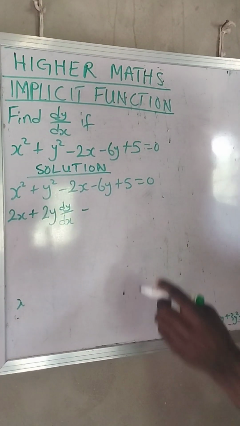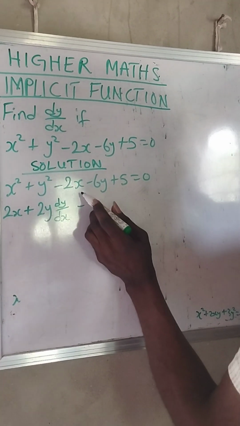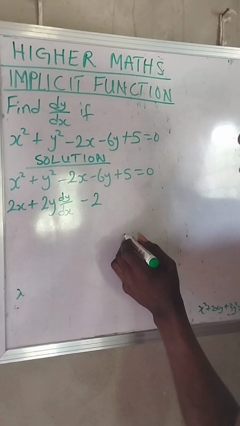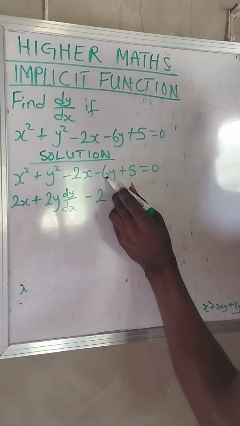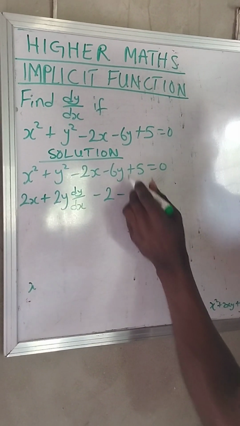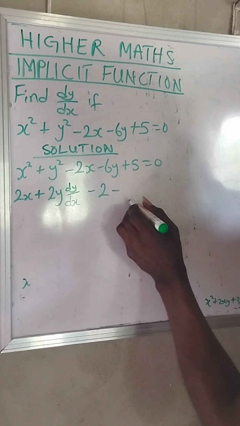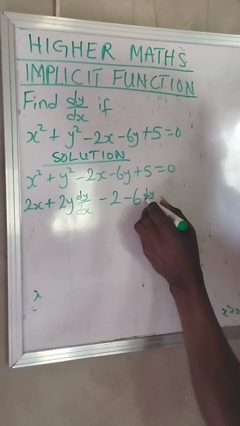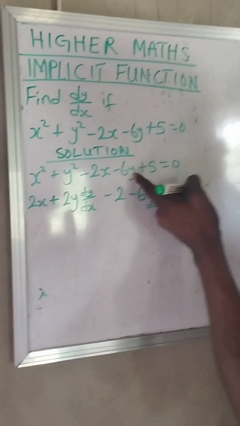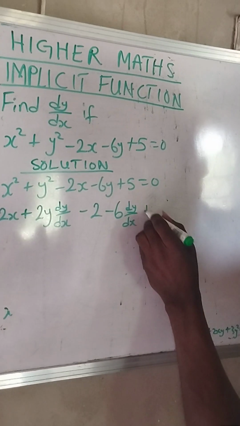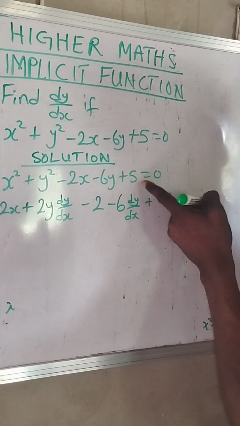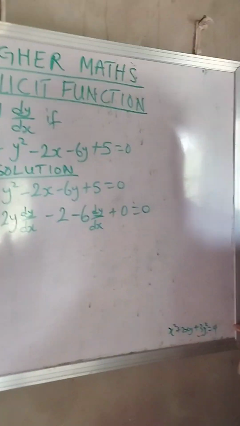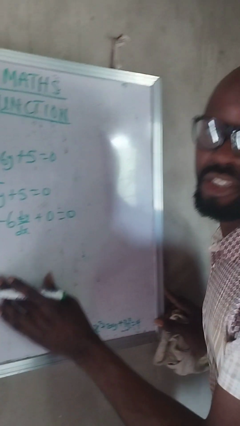Minus, then if you differentiate 2x, it is 2. If you differentiate 6y, you get 6 times dy over dx. Plus the derivative of 5 is 0. 5 is a constant, so the derivative of a constant is 0 by the law of differentiation.